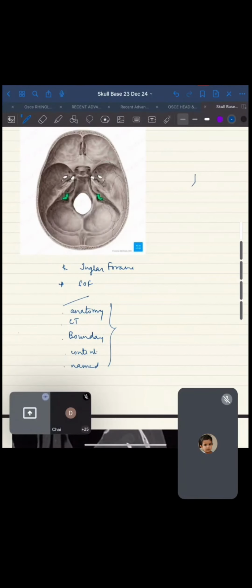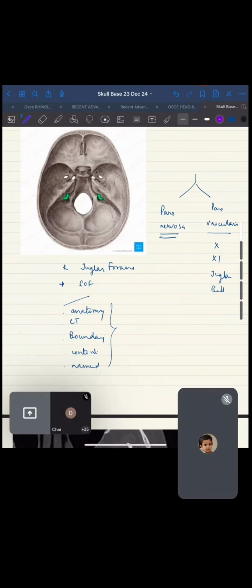This jugular foramen is basically divided into two parts. That is your pars nervosa. This is the one getting nervous, like every one of us during exam time. This is pars vascularis. Pars vascularis is a chill guy. He only has the 10th, 11th and the jugular bulb with him.